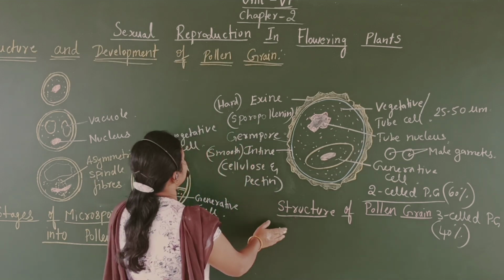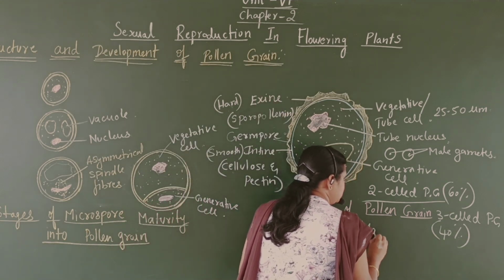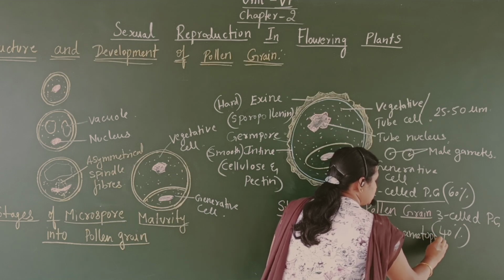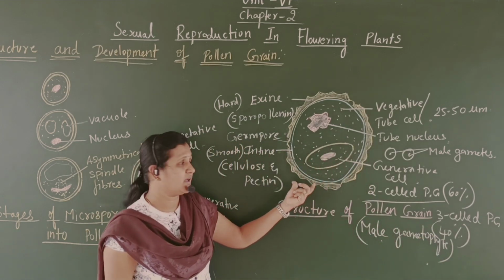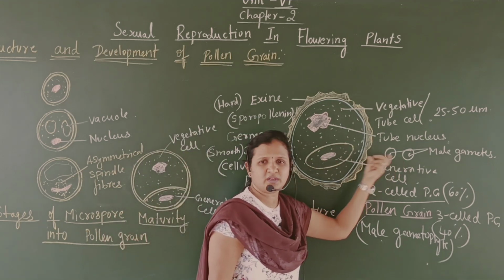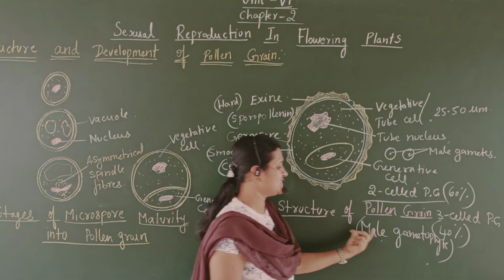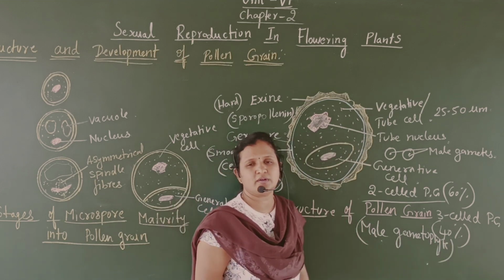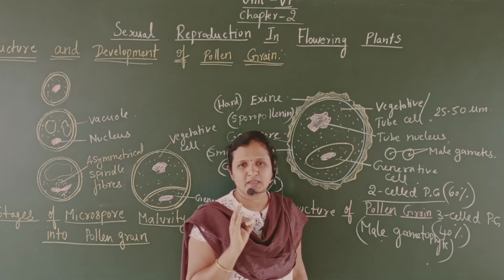This pollen grain is also called the male gametophyte. Why? Because the pollen grain carries the male gametes. These are the two male gametes. So the pollen grain can be called a male gametophyte because it carries the male gametes.